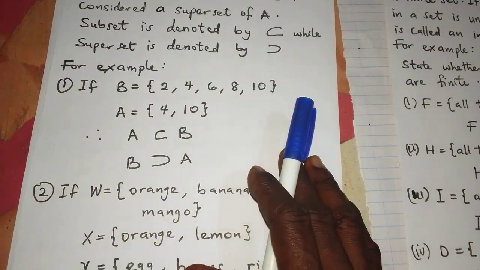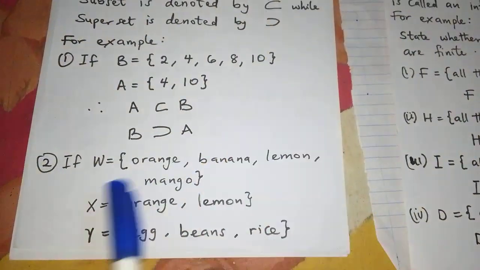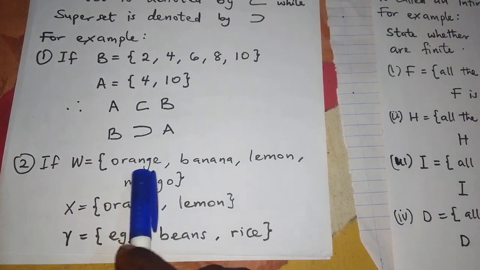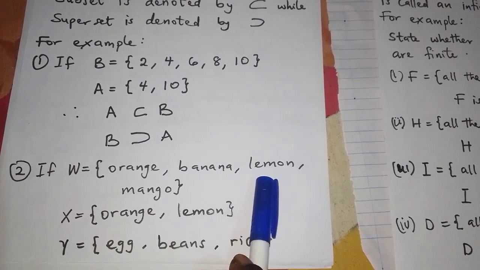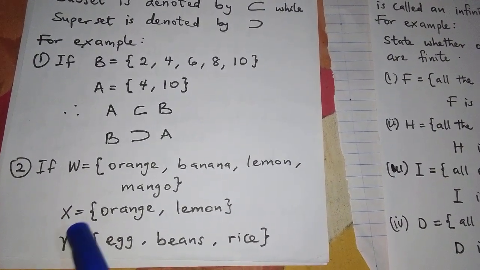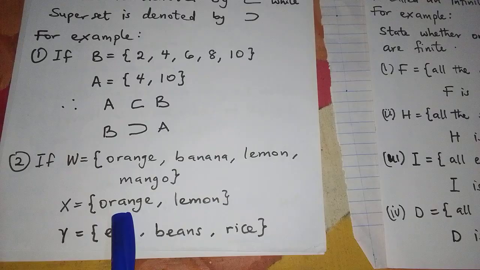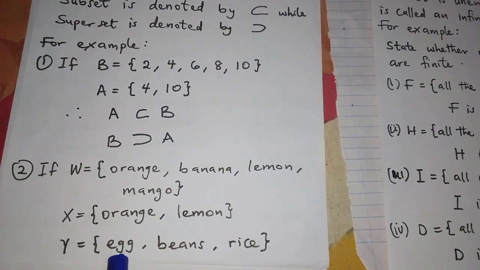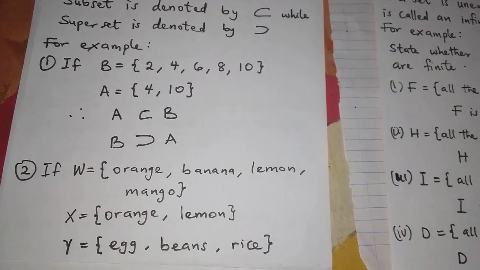Let's consider another example. In set W you have orange, banana, lemon, mango. In set X you have orange and lemon, and in set Y you have egg, beans and rice.